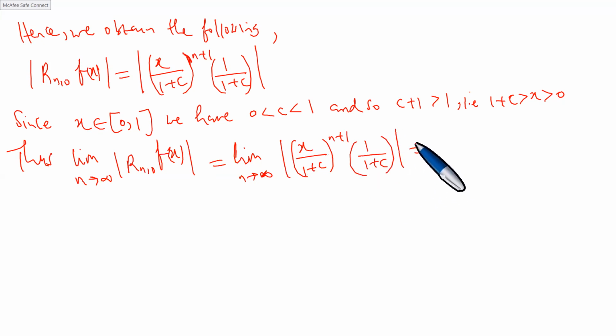So as n approaches infinity, you have that this x is between 0 and 1, so it will approach 0.